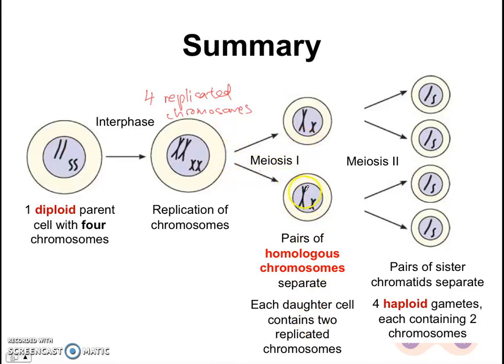And each daughter cell will end up with 2 chromosomes, but the 2 chromosomes are replicated. So each daughter cell will have 2 replicated chromosomes. And then in meiosis II, the pairs of sister chromatids will separate. So we end up with 4 haploid daughter cells. Right? And each of these will go on to be a gamete, a sperm or an egg. And that's it really for meiosis.